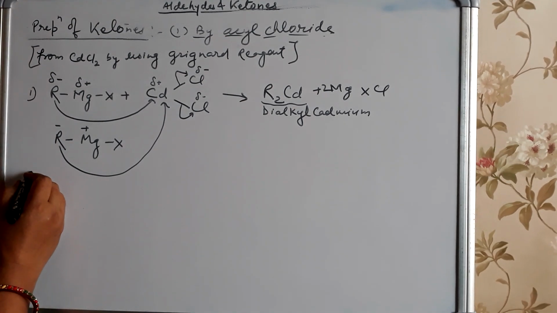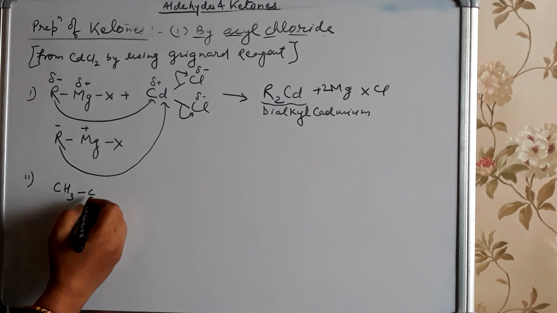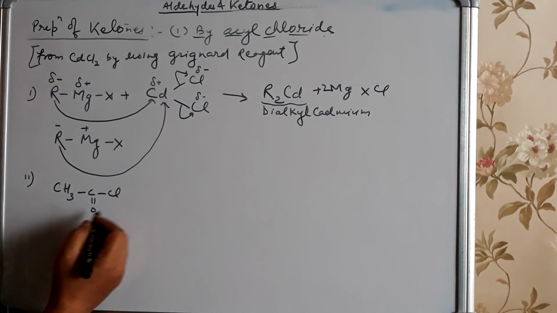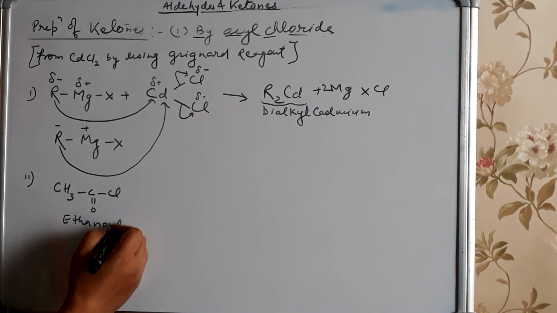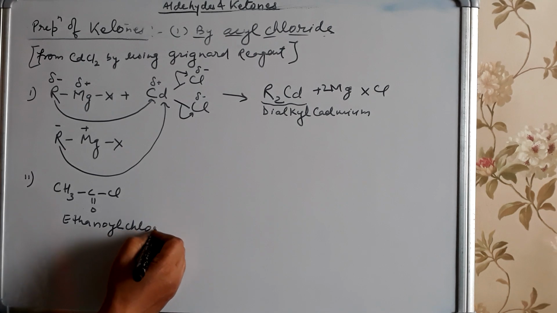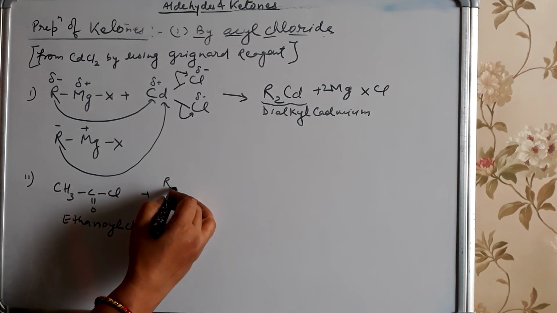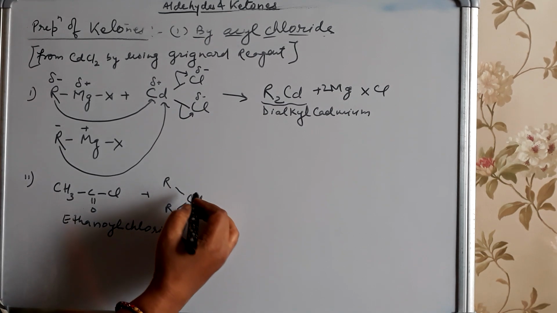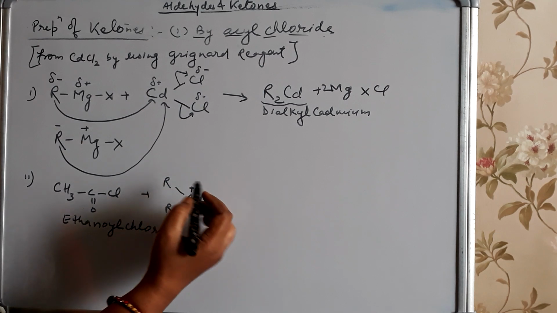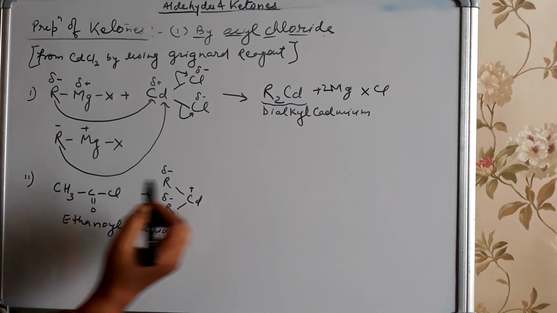Next step, our reagent is acyl chloride. It is known as ethanoyl chloride, treated with dialkyl cadmium. Cadmium is a metal, so it requires positive charge. Carbon requires negative charge.